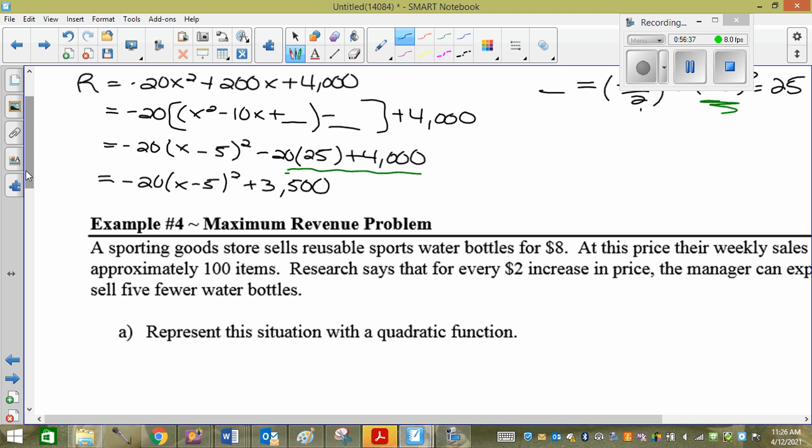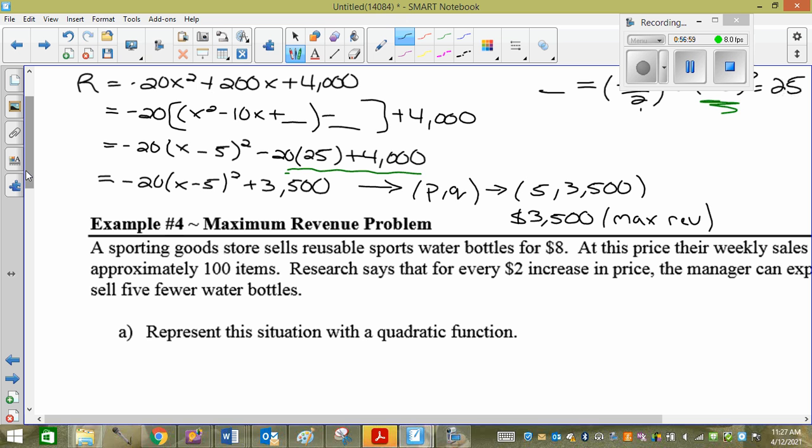Because our vertex in this case is written as P and Q, which is 5 and 3,500. So we know our maximum revenue is going to be $3,500. Does that make sense to everybody? Did I lose anybody? Two thumbs up for good?